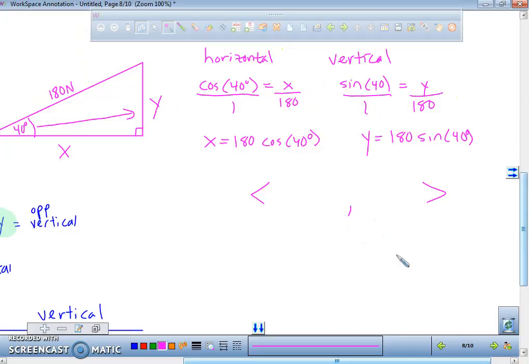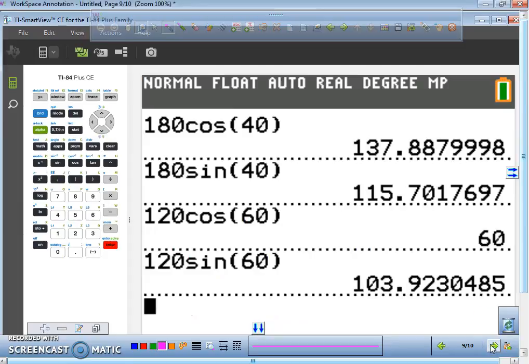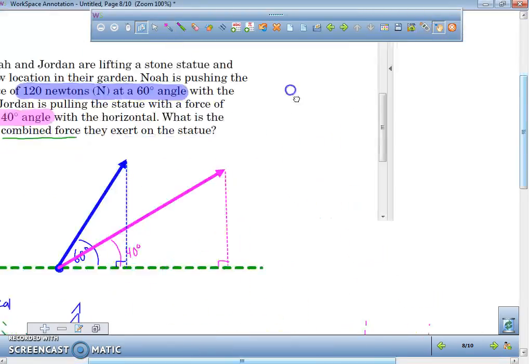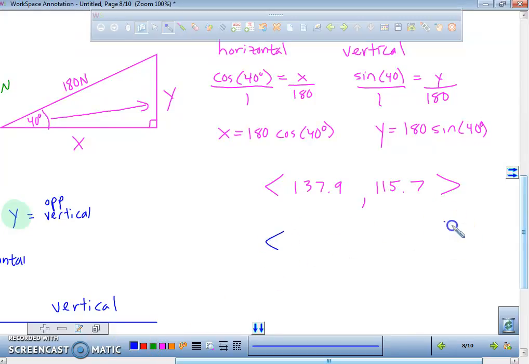So what I want you to write on your paper right now is 137.9 and 115.7. For our other triangle, the horizontal and the vertical were 60 and 103.9.